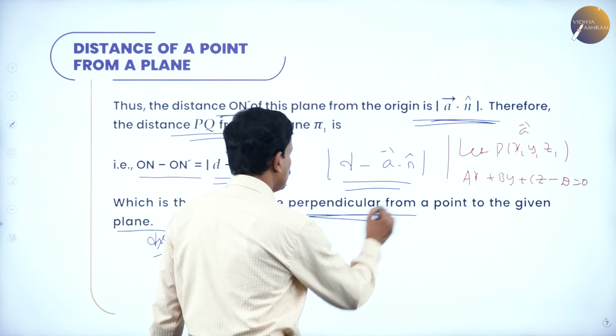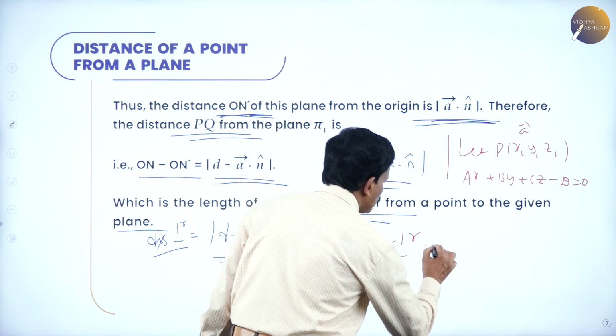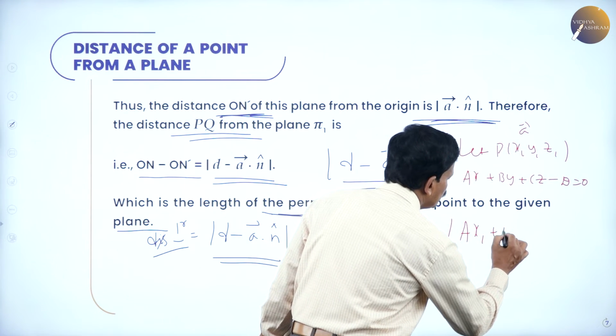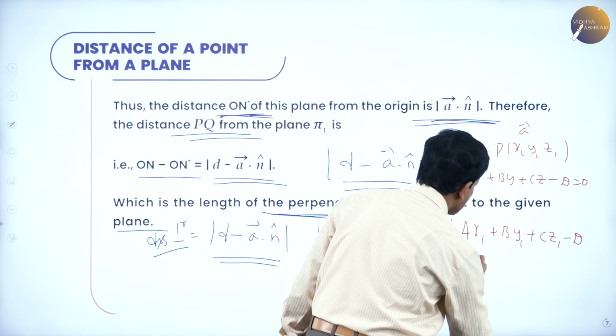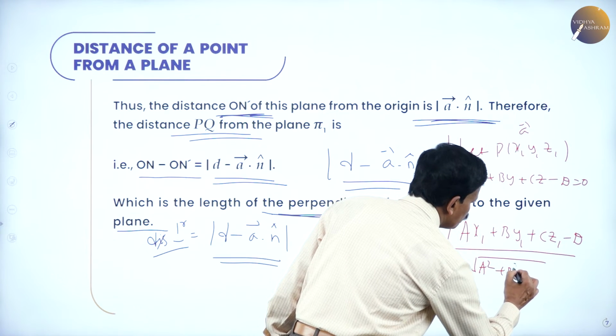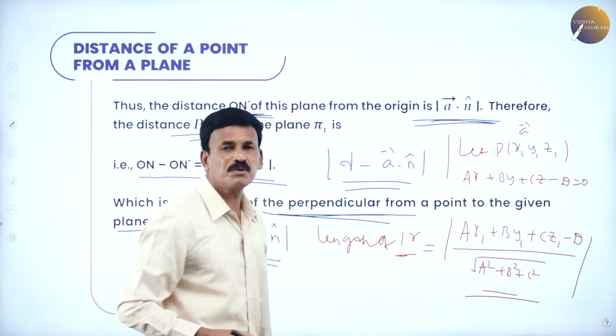The length of perpendicular is given by mod of ax1 plus by1 plus cz1 minus d divided by root of a square plus b square plus c square. This is the length of perpendicular.